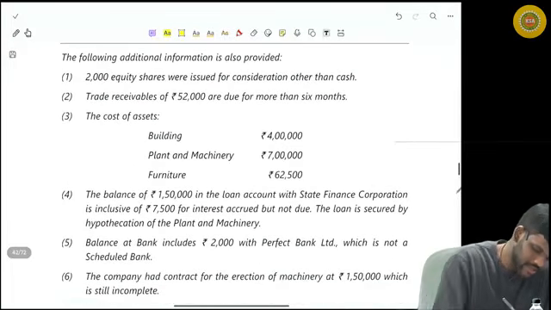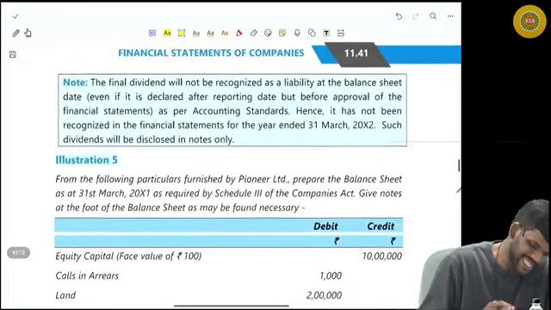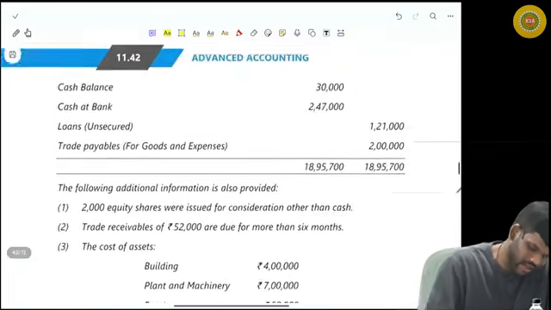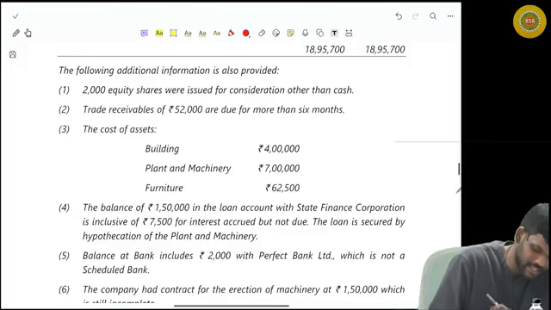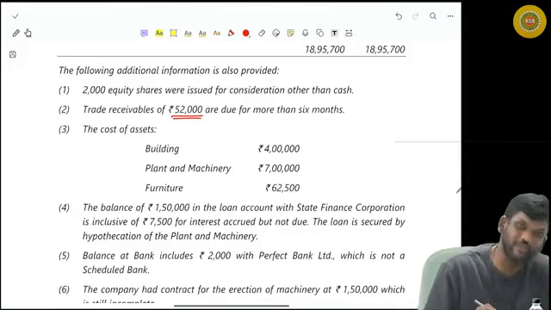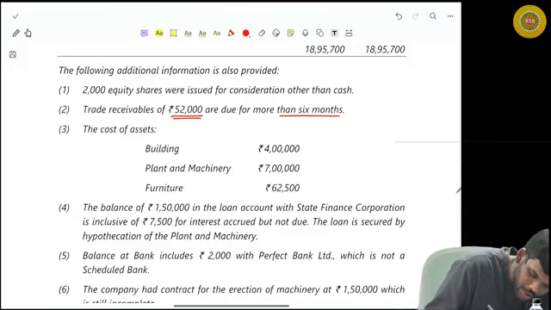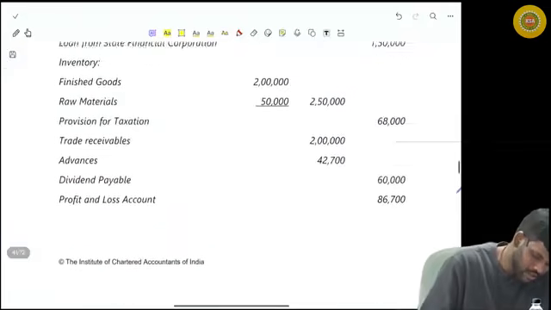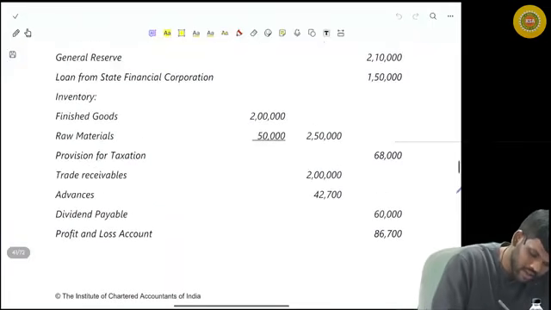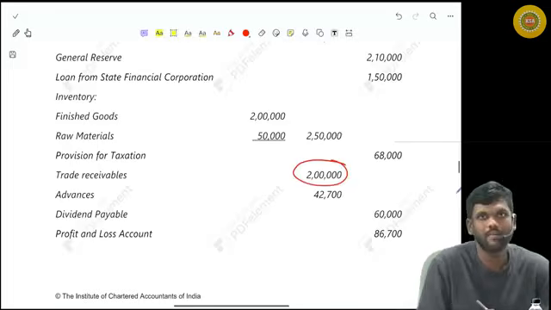Next adjustment which I want to discuss is the illustration. See now, here they're giving additional information. Trade receivables of 52,000 are due for more than 6 months. That means, how much is the total trade receivables we have? 2 lakhs, correct?